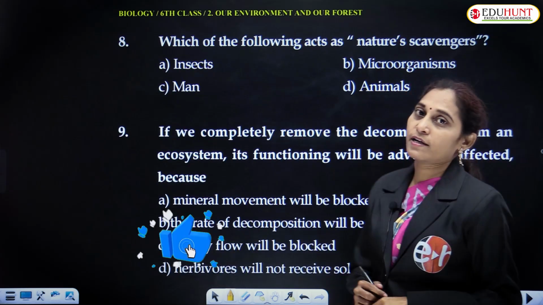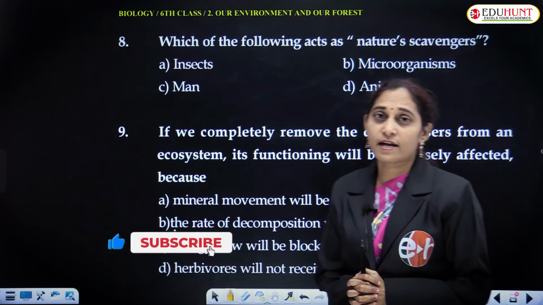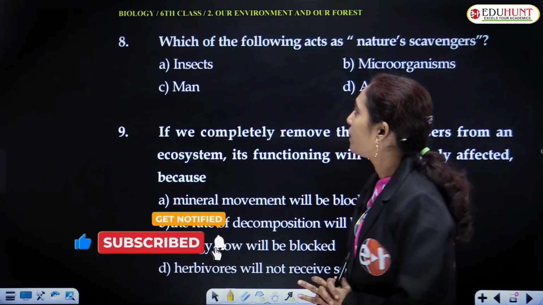Monera and fungi is the answer, because they act as the decomposers. Monera includes bacteria.